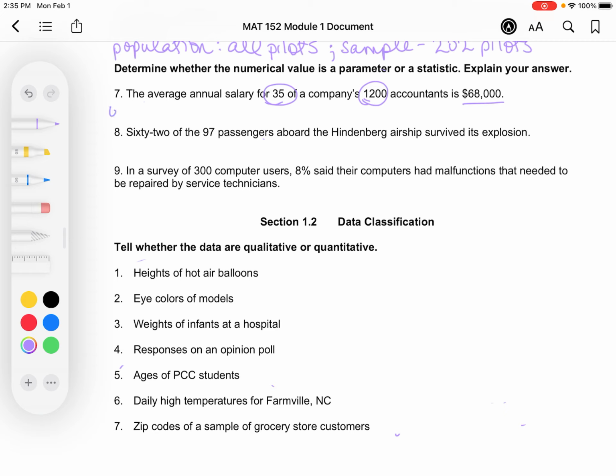So $68,000 is a statistic because it comes from a sample of all accountants.